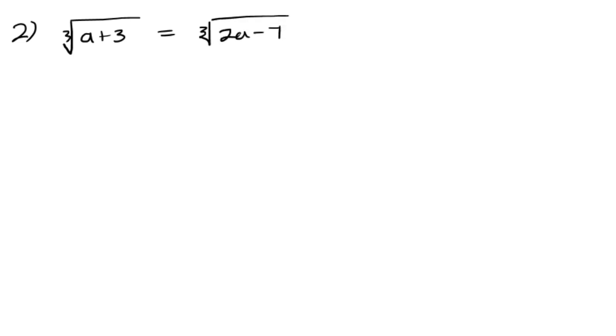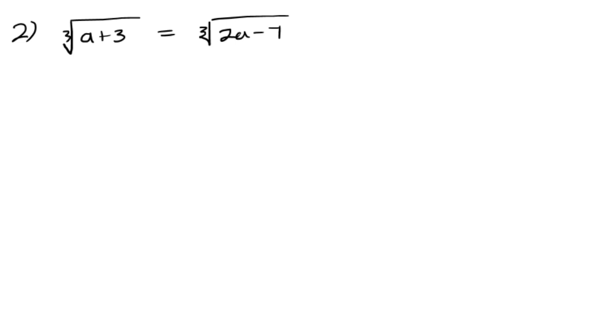Okay, so this is a radical equation. We have to find the value of a. Now when we look at the order of this radical sign, it is in the cube root order. So we have this cube root equation here.